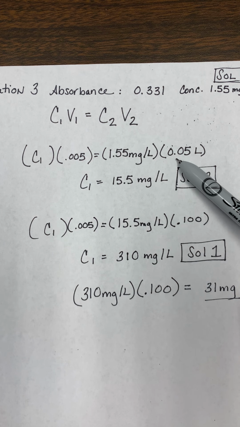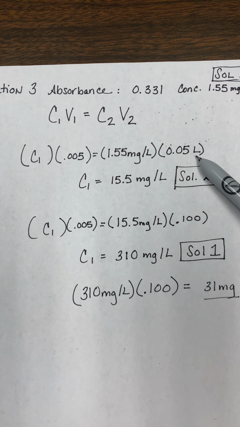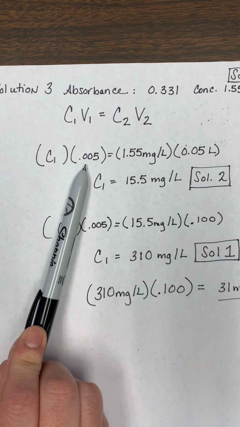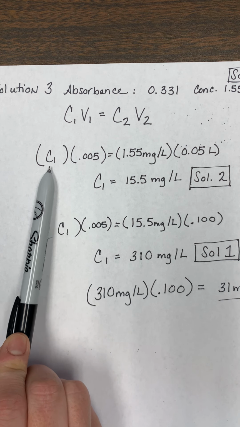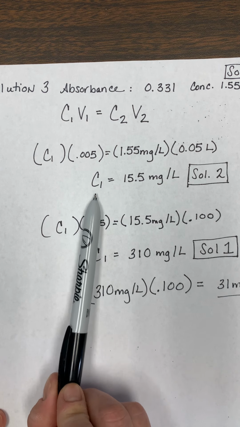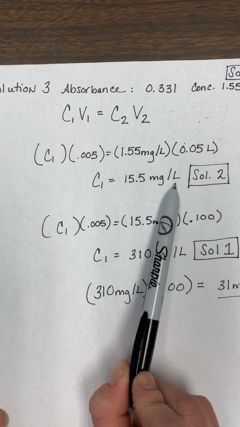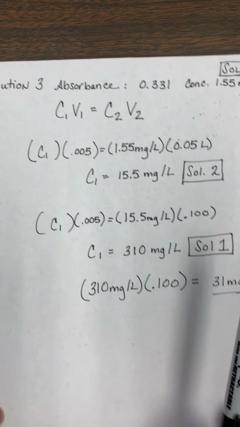Okay, we made 50 milliliters of that, so I converted it into liters. We made it from 5 milliliters of solution 2, and the concentration of solution 2 we don't know. So we do that calculation, rearrange for that, and we get 15.5 milligrams per liter, and that is our solution 2 concentration.